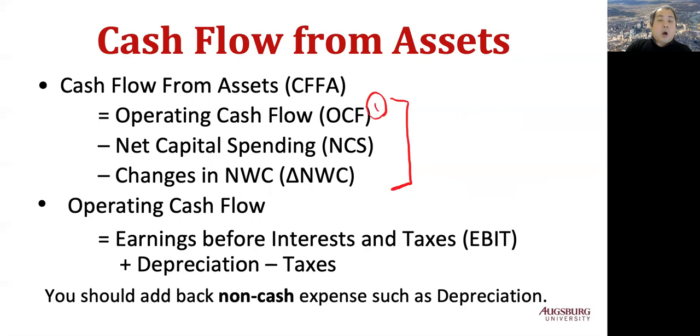So if you own a restaurant and sell pizza, then sales from pizza is gonna be operational income, right? So operating cash flow comes from the operation, company's operation, from sales cost structure.